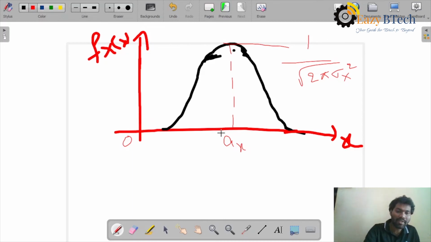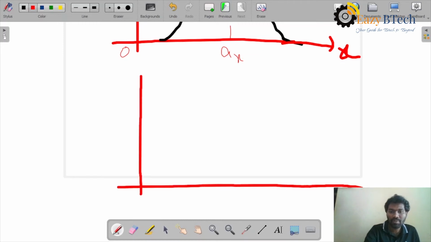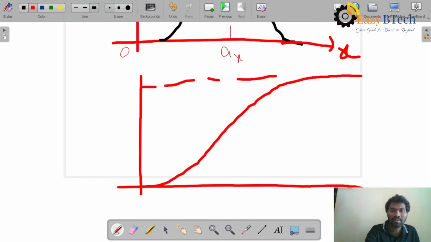Similarly, if you plot the distribution curve, it is like this. The distribution function is an increasing function which slowly increases and reaches a maximum value of 1. Why? Because fx of infinity is always equal to 1. So fx of x is an increasing function.